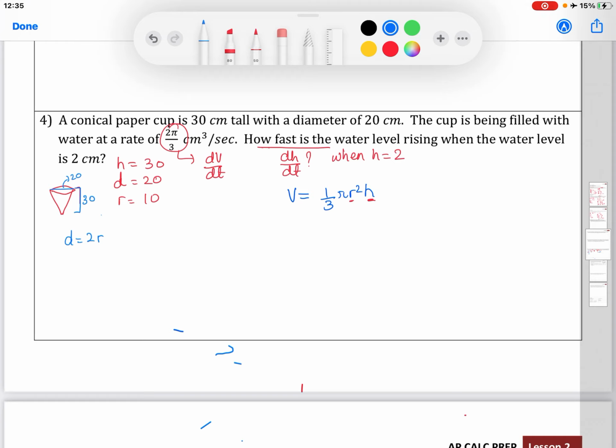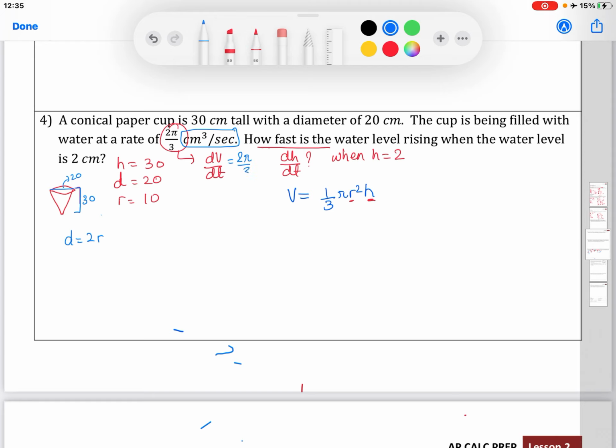We found our radius. How? Because we know our diameter is 2r, so radius is just half of the diameter, which is 10. I am already given my rate, the volume, dV over dt. If you were confused, you look at your units. This is centimeters cubed per second.